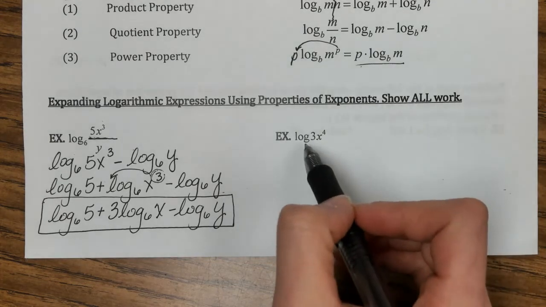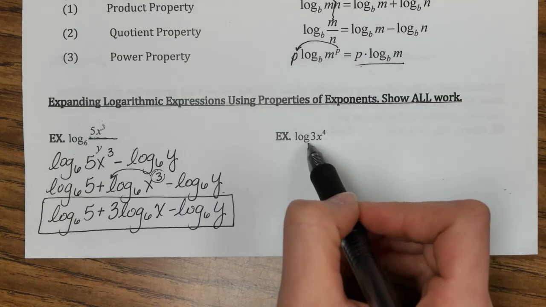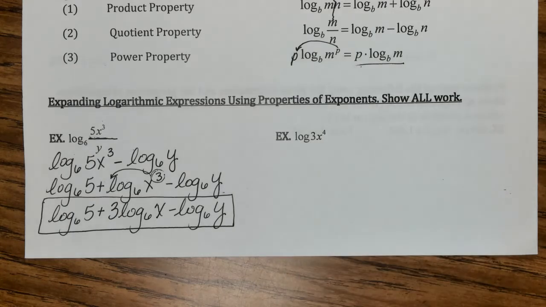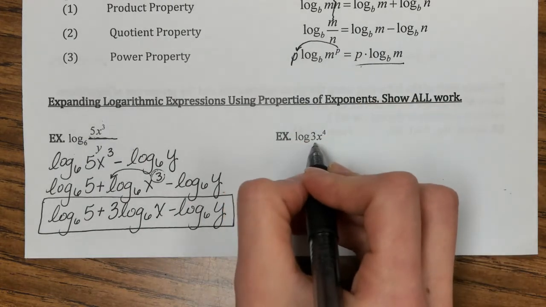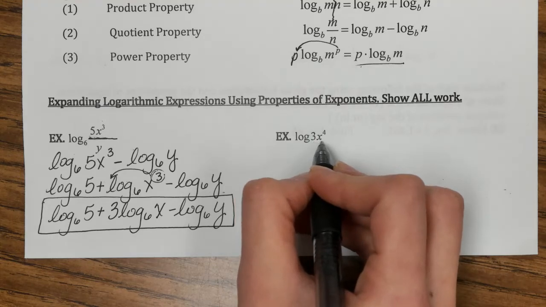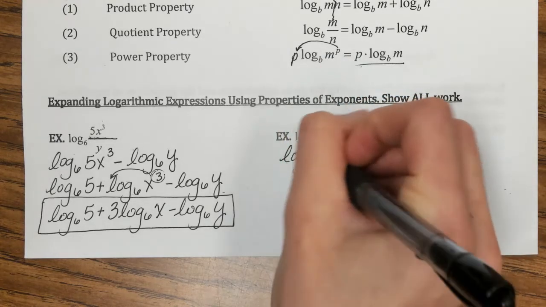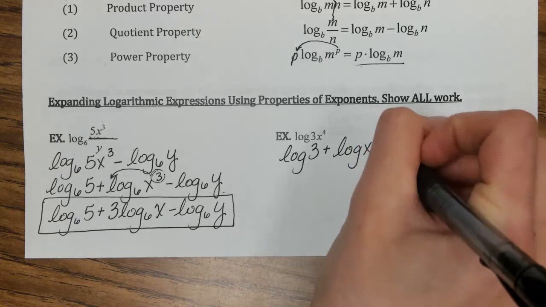So here I've got log of just 3x to the fourth. Well, I don't have a base written, so what is it understood to be? 10. That's your common log. I'm not going to write the 10, but I want you to recognize that that is understood to be a log base 10. So here, I am doing what with 3x to the fourth? Multiplying. So what do I need to separate it with? Addition. So I'm going to have log of 3 plus log of x to the fourth.